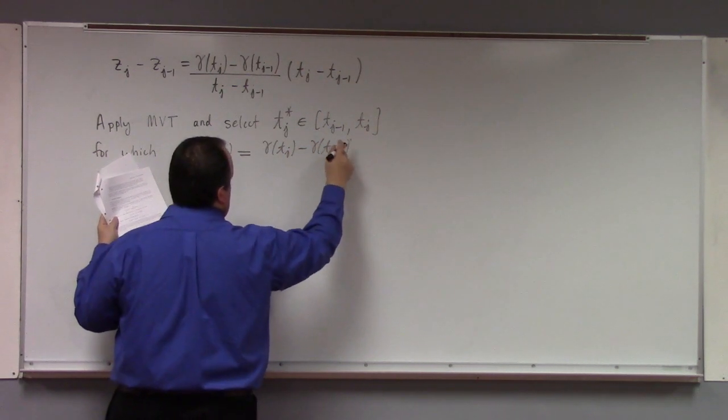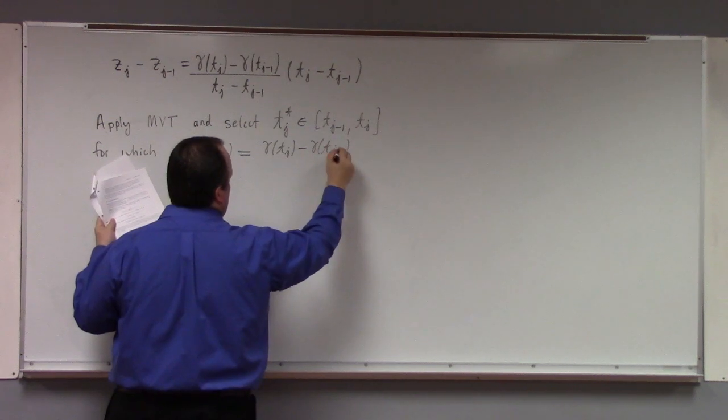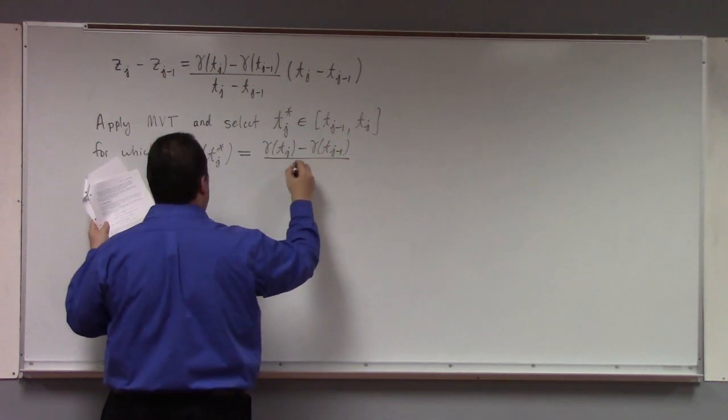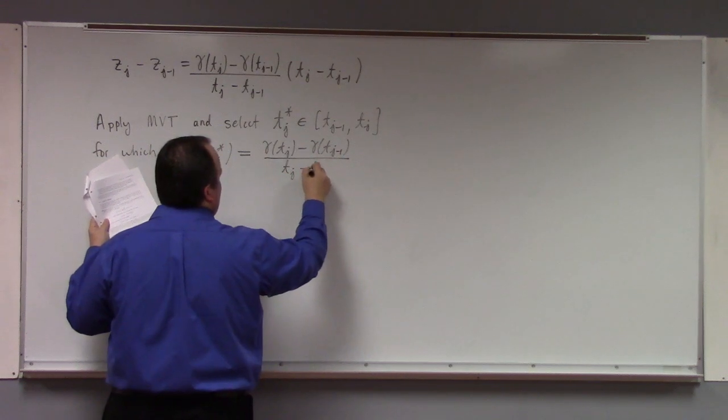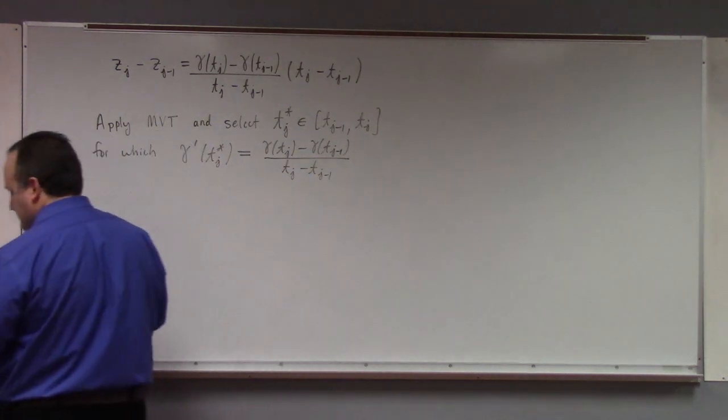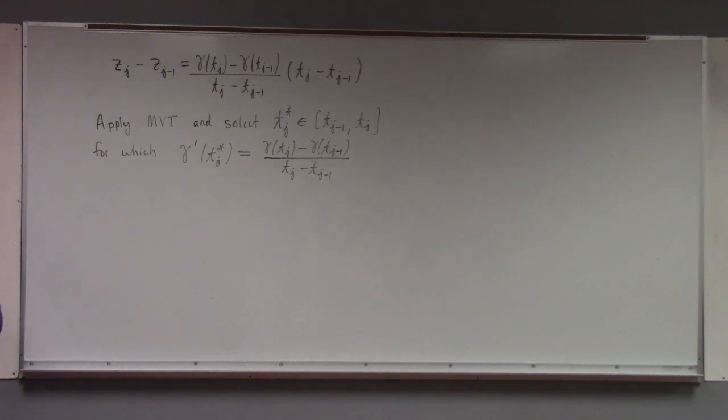This is actually a bit of a cheat right here, but I'm not going to explain why. As I said, this will be justified in homework. So I'm telling you right now, I'm cheating a bit. I can't quite do this because the mean value theorem applies to real functions of a real variable. But gamma of t is complex, so I should technically apply the mean value theorem separately to the real and imaginary parts of gamma.